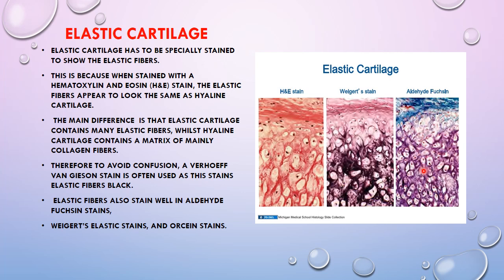Aldehyde fuchsin and Weigert's stain will stain the elastic fibers black in color. So when stained differently, they can be distinguished from the routine H&E stained hyaline cartilage and the fibrocartilage.